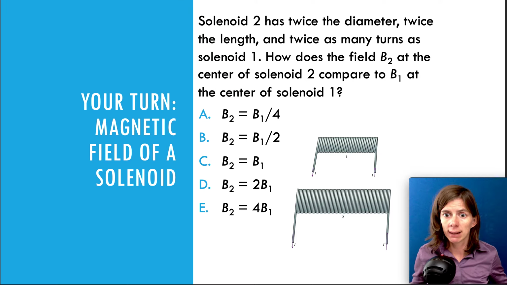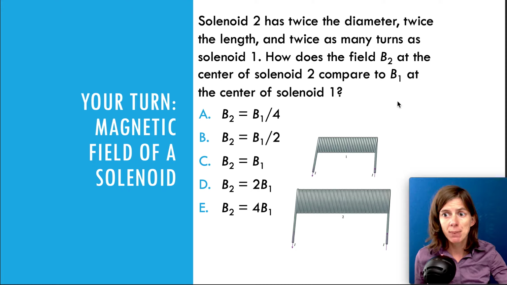Let's take a look at the first question here. It says solenoid 2 has twice the diameter, twice the length, and twice as many turns as solenoid 1. How does the field B2 at the center of 2 compare to B1 at the center of 1? This is one of those questions where we're doubling a quantity. What happens to the other quantity?